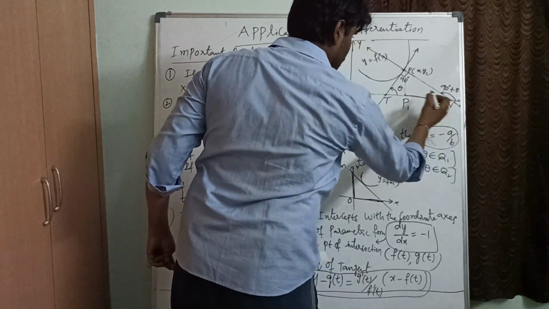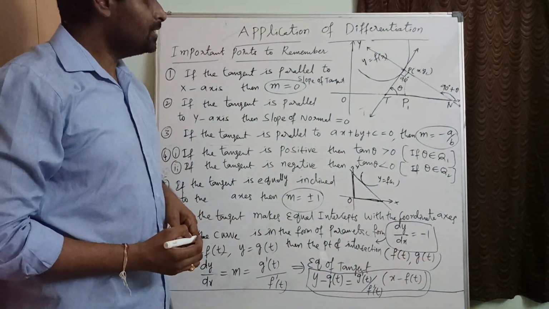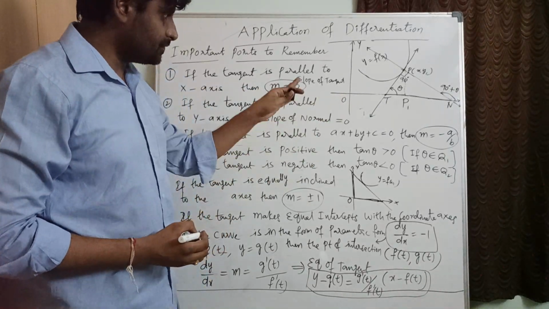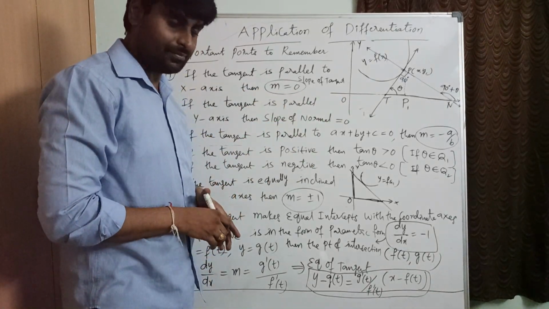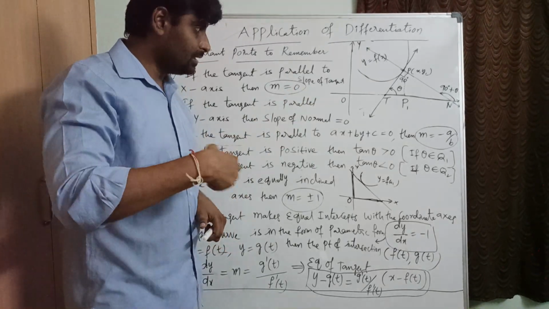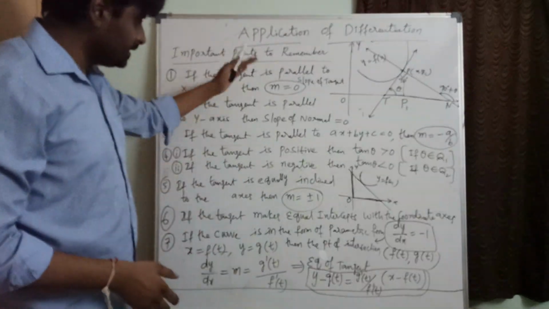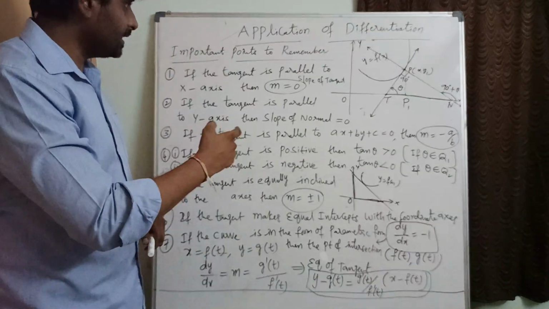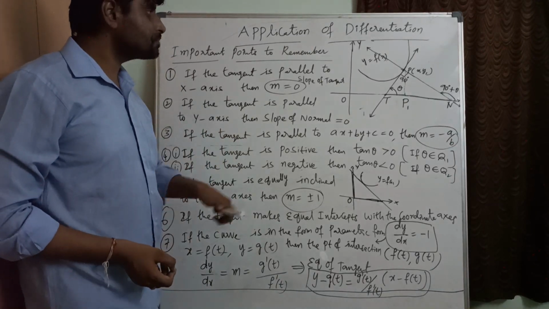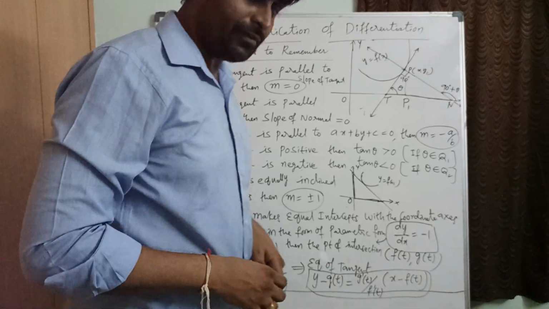This is the length of subnormal, this is the length of subtangent. Clear? We are going to discuss formulas for the length of tangent, subtangent, normal and subnormal in the next slide. Just have a look at these and make a note of it.